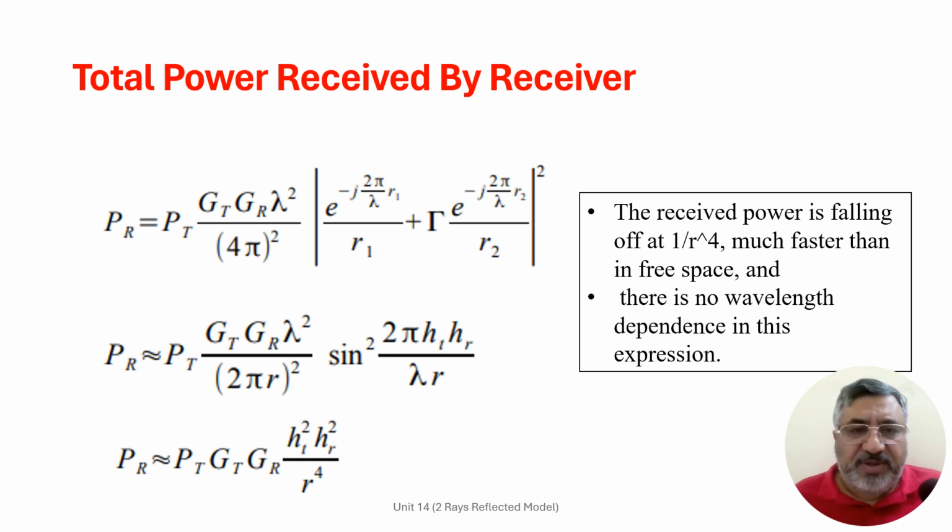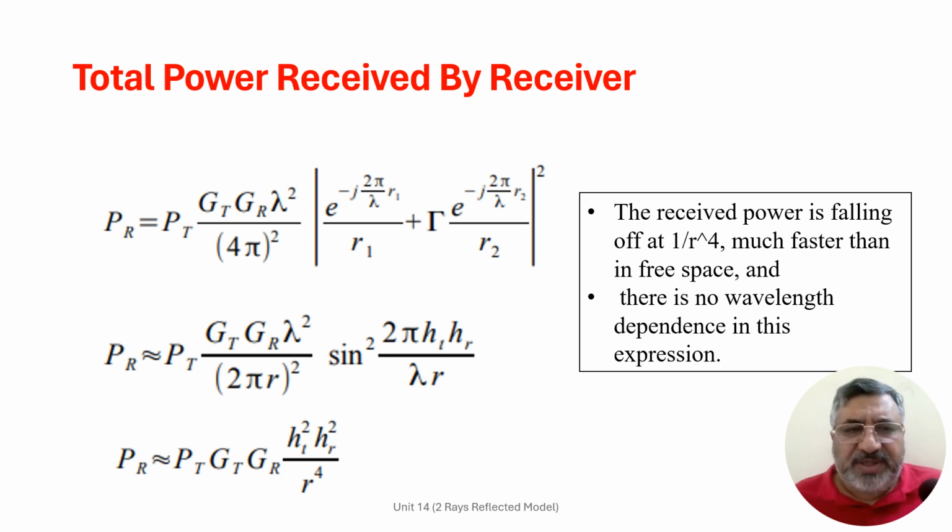Here we can approximate this modulus and write PR is equal to PT GT GR lambda square divided by 2 pi R square, times sine square of 2 pi HT HR divided by lambda. Here it is important that sine is a trigonometric function and it oscillates between 0 and 1, while the envelope PT GT GR lambda square divided by 2 pi R square basically has the 1 over R square behavior of free space propagation.